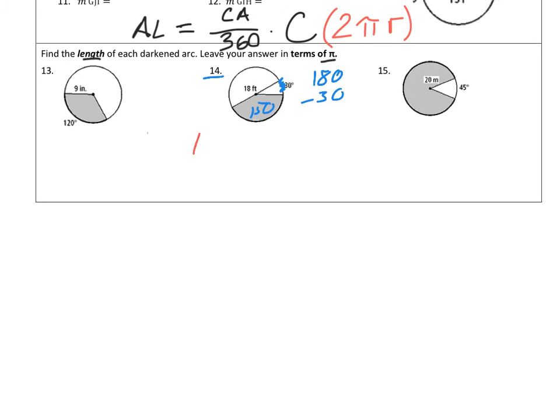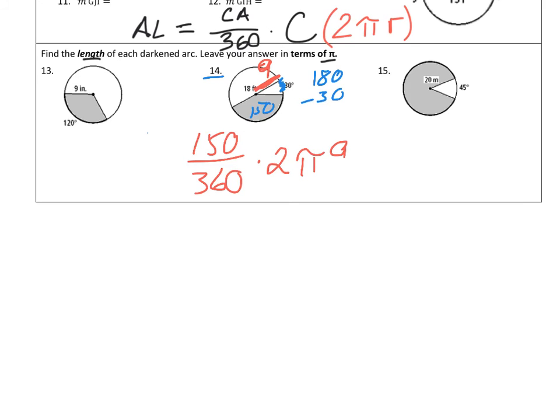So I'm going to use that in my equation. So my central angle is 150 over 360 times the circumference. So I have my equation up here for that. It's going to be 2 times pi times r. Well, in this case, my radius is actually 9.